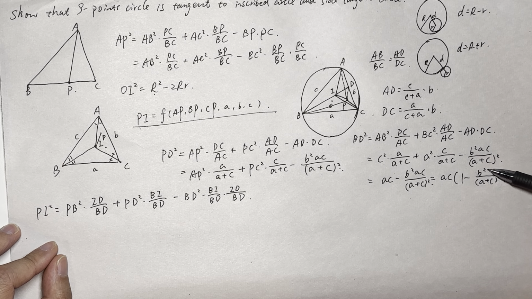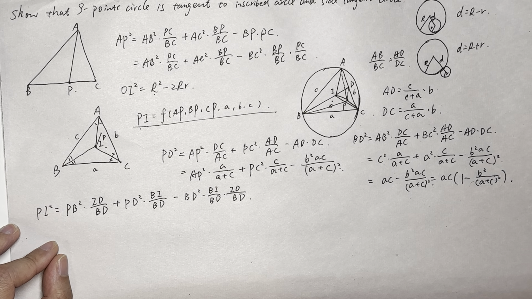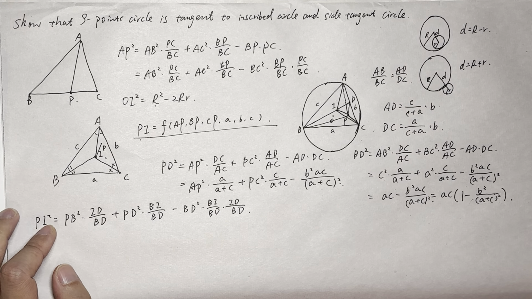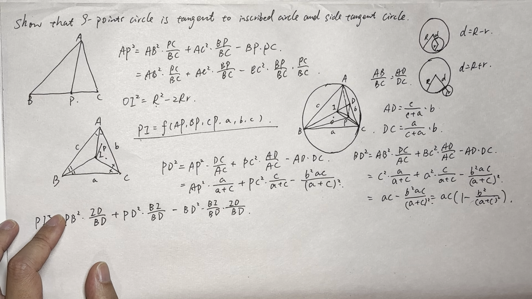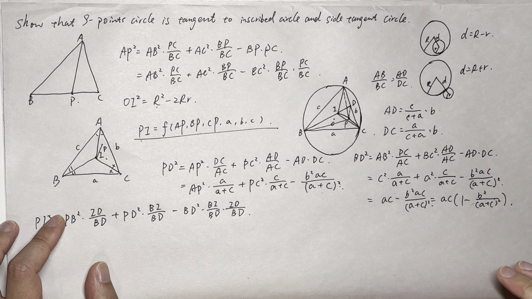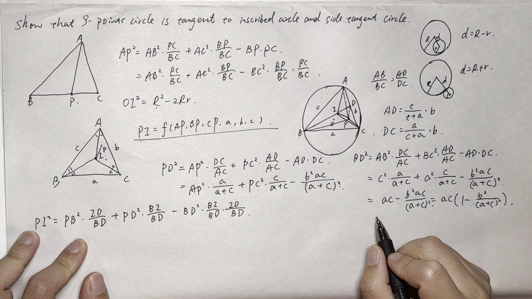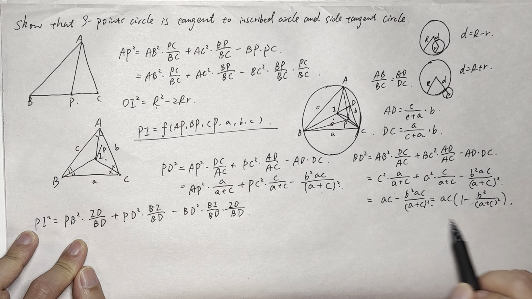We have B square here, so the bottom should be the square of something, so it should be A plus C square. Actually, we introduced before that we can easily check whether one term is correct by checking the unit, right? Okay, so we got BD square here.